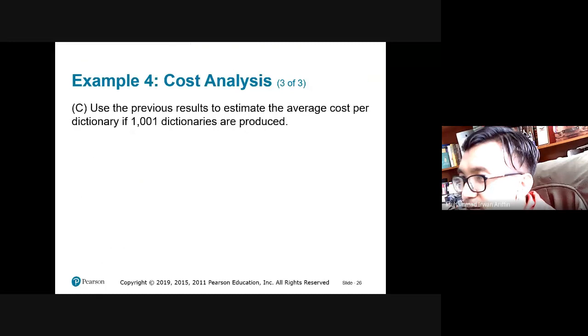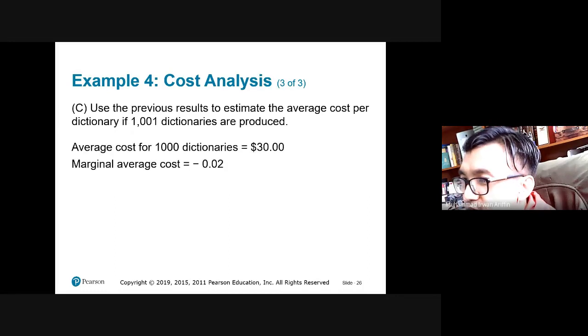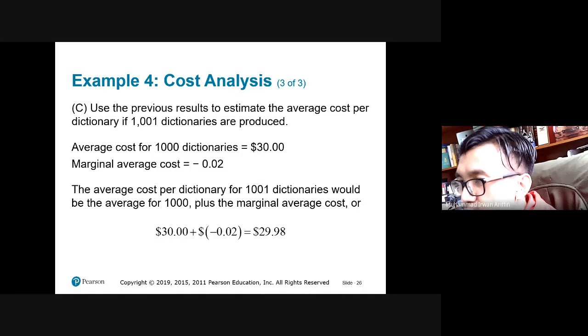So can we use the previous results to estimate the average cost per dictionary if 1,001 dictionaries are produced? Of course we can. We already know the average cost for 1,000 dictionaries is $30 each, and the marginal average cost is -2 cents. So the average cost per dictionary for 1,001 dictionaries will be the average for the 1,000 plus the marginal average cost.